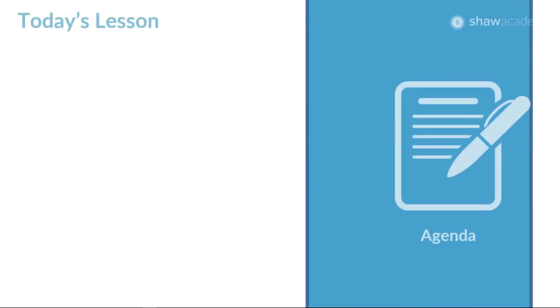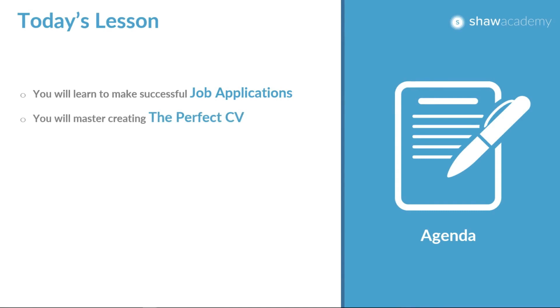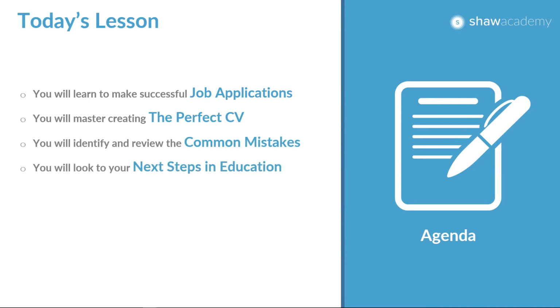So what are we going to cover today in our final lesson? Well, you will learn to make successful job applications. You will master creating the perfect CV, and we will identify and review the common mistakes made. And you will look to your next steps in education.